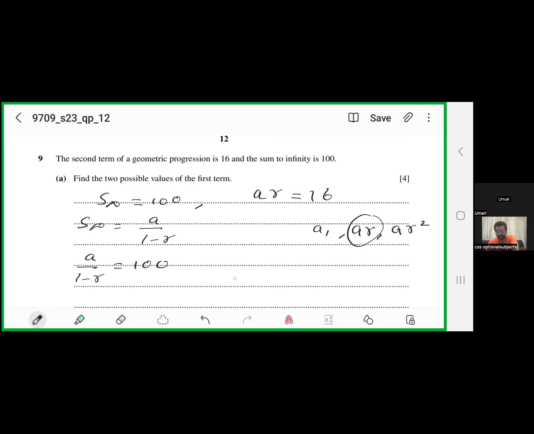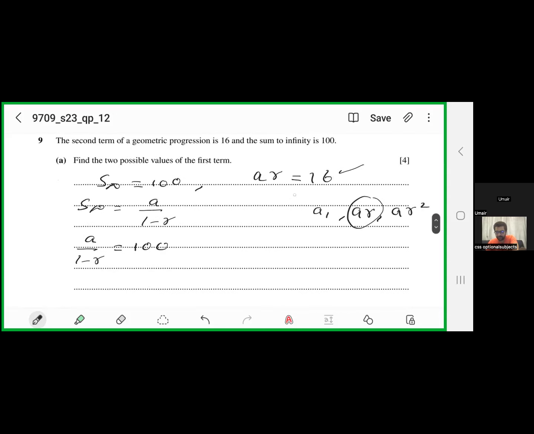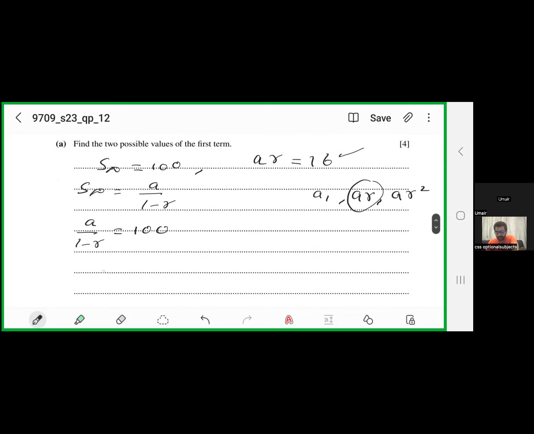From here we can have the value, if we use this one as well, a is 16 over r. Okay, let us use the value of a from here. a will be 16 over r, and 100 into 1 minus r.